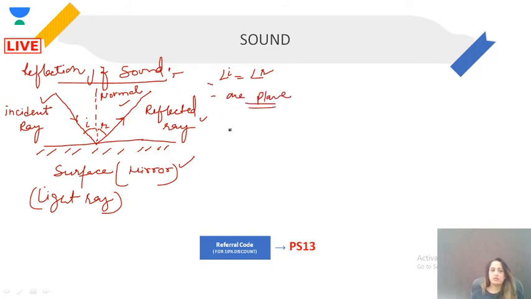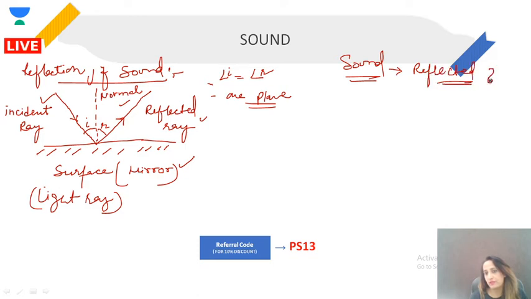Okay, so this was about light. But how about sound? Does sound also get reflected? Is there any phenomenon called reflection that appears in sound as well?